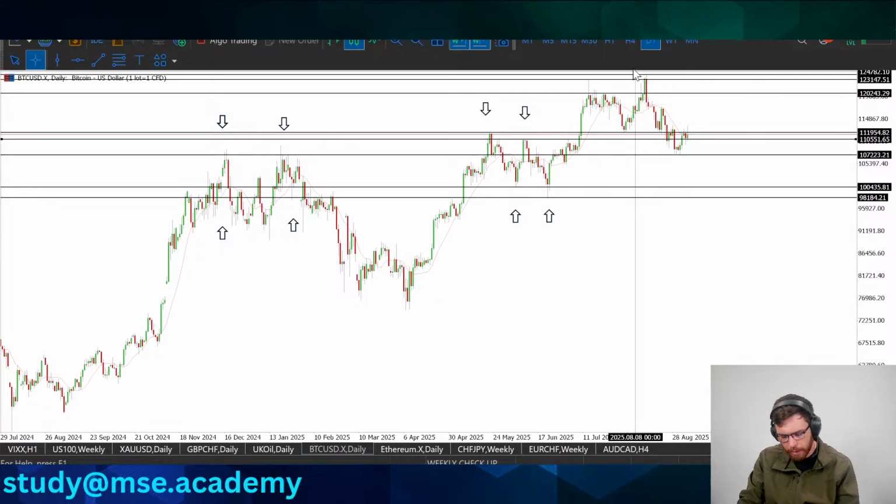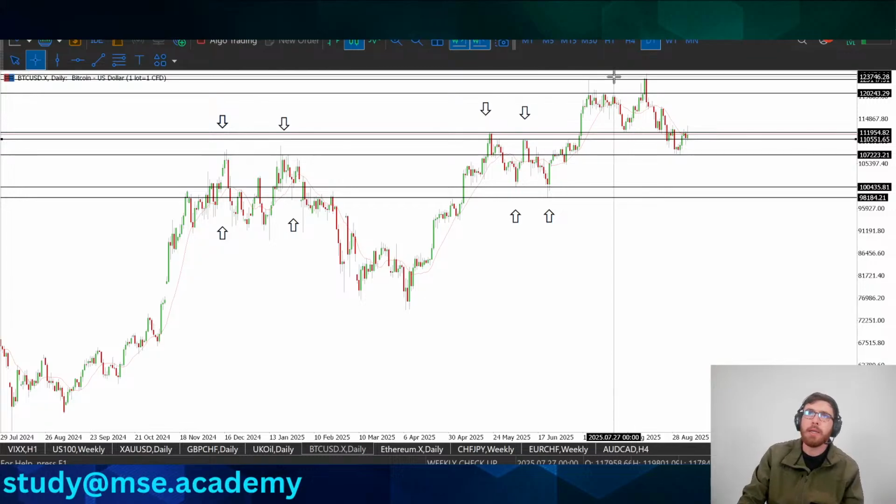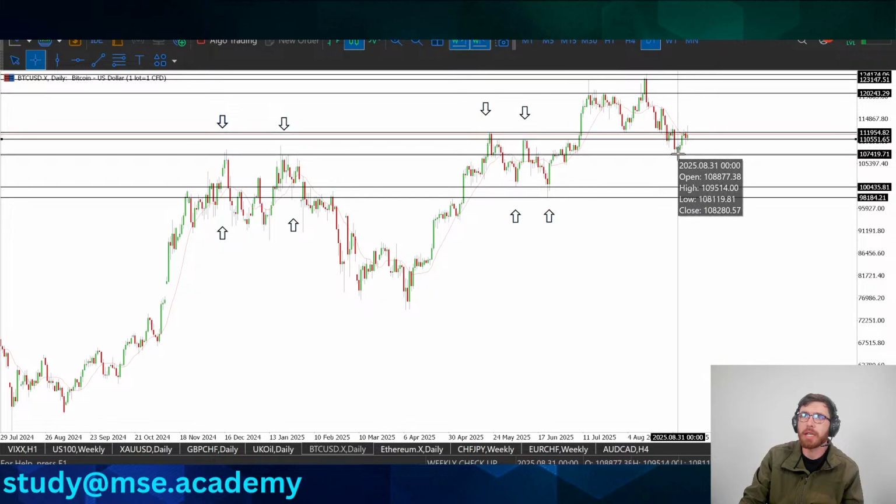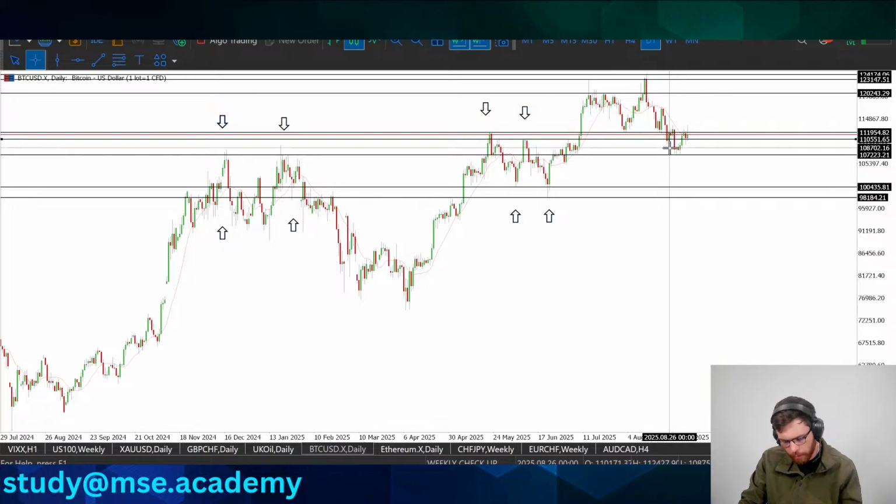I'm going to call it that. And then moving down to the historic low. So that is the most recent low where the market has been sitting. We're sitting here around about 107,271.